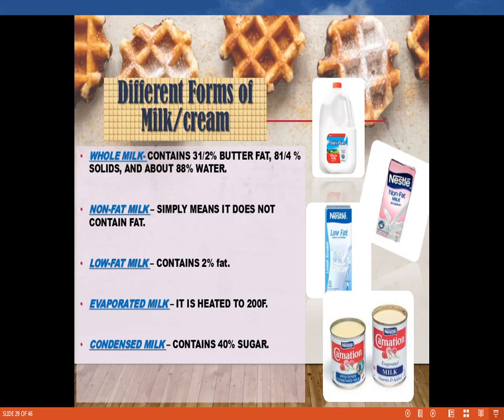Different kinds of milk and cream. Whole milk contains 3 1/2 to 4% of butter fat, 8 1/4% of solids, and about 88% of water.